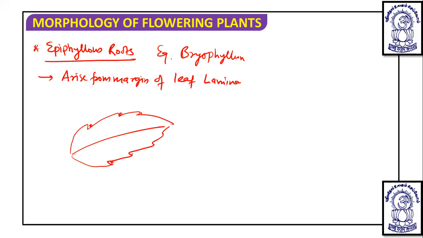Sometimes this leaf falls on the soil with the bud, and when it falls on the soil it gets nutrients and starts germinating. When it starts germinating, it develops some roots here, and what are they? Epiphyllous roots. So these epiphyllous roots are found in Bryophyllum.